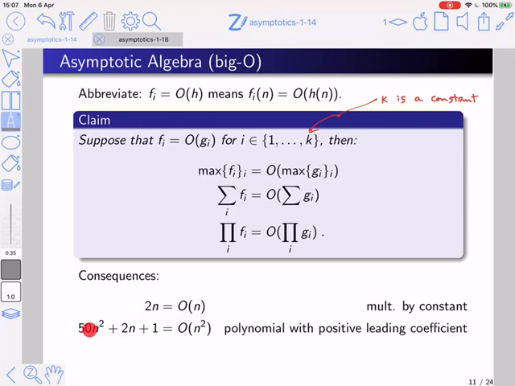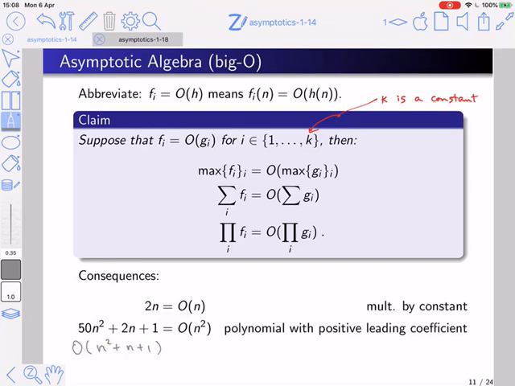Now let's look at what happens here. 50 times n squared is big O of n squared. 2n is big O of n. 1 is big O of 1. So the summation of these three functions is big O of n squared plus n plus 1. Now, what can I say about n squared plus n plus 1?